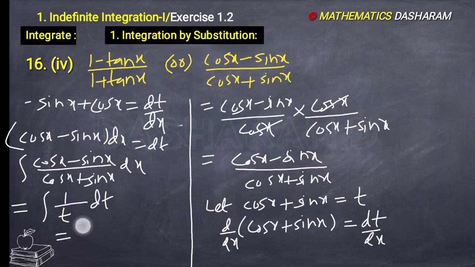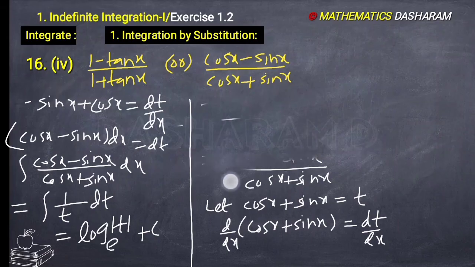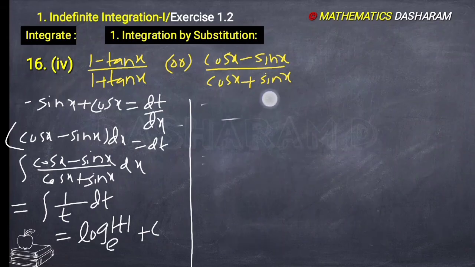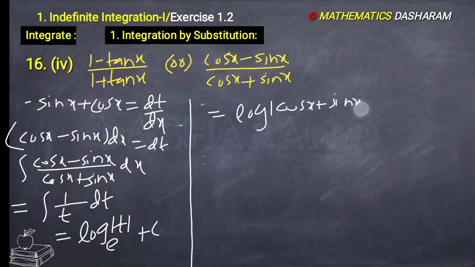So it equals log mod t plus c with base e. Now substitute the t value in this. The t value is what? Mod cos x plus sin x. This is our required answer.